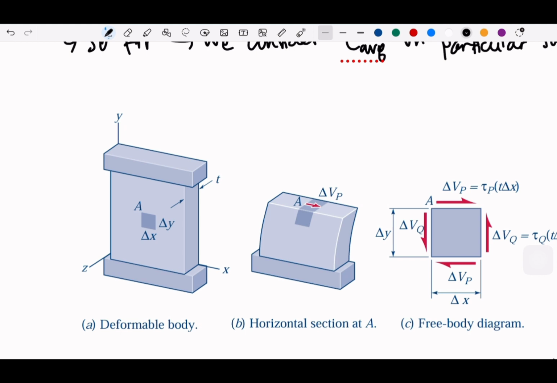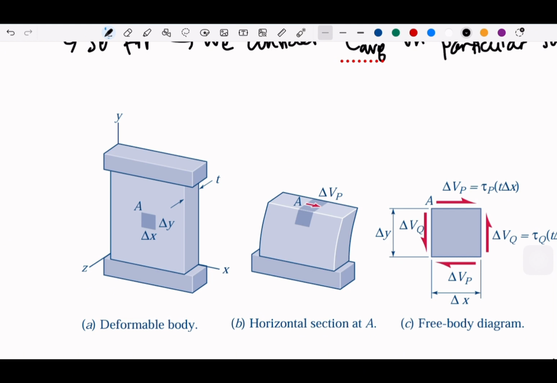Okay. However, for the whole deformed body, if we think that the body can be deformed, then what is happening is the whole volume is going to be deformed. It's going to be changed. The shape is going to be changed by these forces, the shear force.